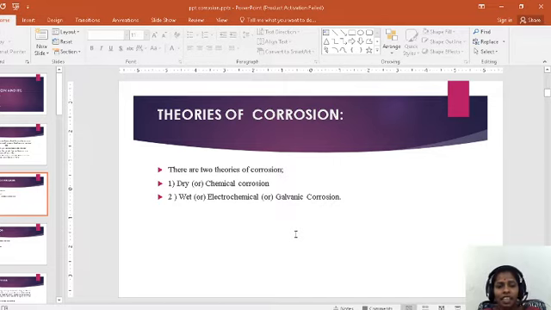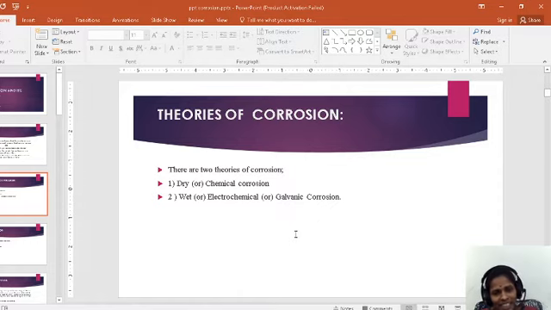That means the metal converts to metal oxide, metal sulfide, metal nitride or metal nitrate, because oxygen, sulfur and nitrogen exist in the environment. So this combined state of metal is called ore.